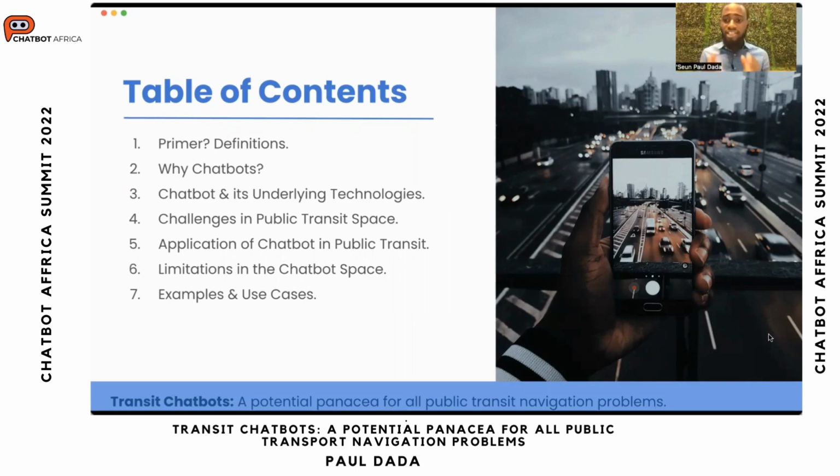We're going to be looking at some limitations in the chatbot space itself, and then we're going to wrap it up by looking at some examples and use cases, and finally we are going to get to the point where you ask your questions, and then we pretty much interact from there. So without further ado, let's go.